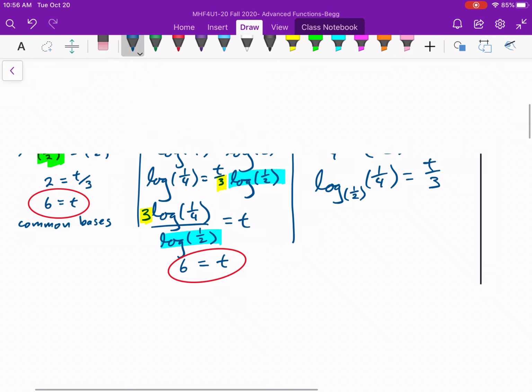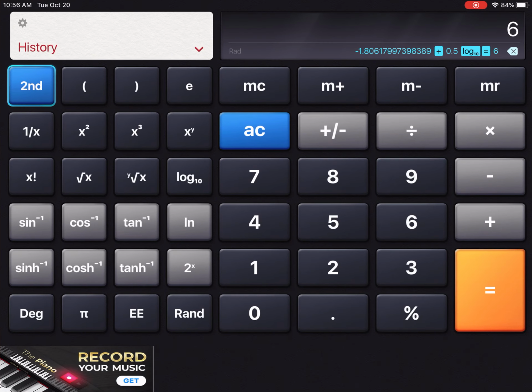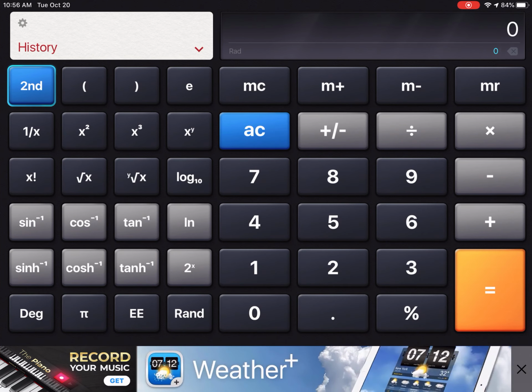And then we end up, if we use our change of base formula, you might have a button on your calculator that allows you to put 0.5 in as a base, but if you don't, we know we could just rewrite it as log 1/4 using the change of base formula over log 1/2 equals t over 3. And we're basically at the same point as what we did in the last version now.